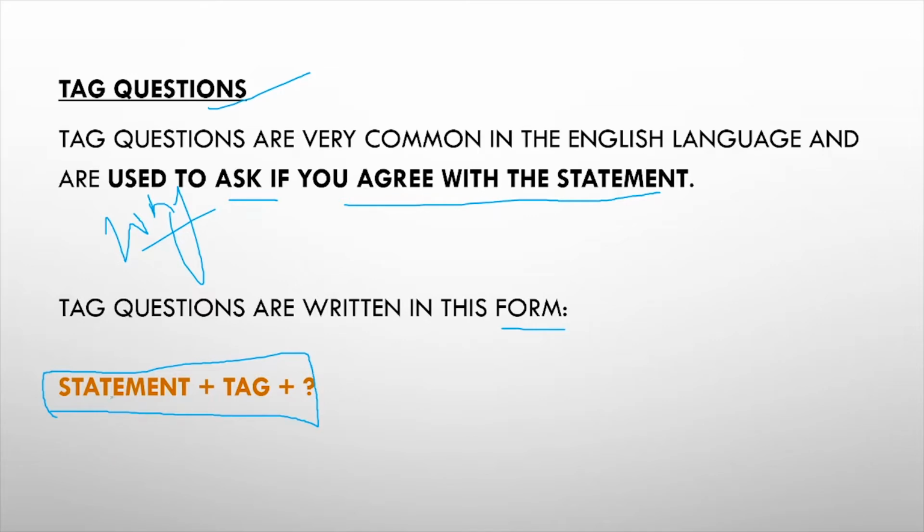So how do you frame the complete sentence? You get a statement, like I said, it is raining. And after that you put a comma, then comes your tag and then comes a question mark. So this is how a tag question is made using a question tag. It is raining, isn't it? Isn't it is the tag and then comes your question mark. So this is the pattern of a tag question.